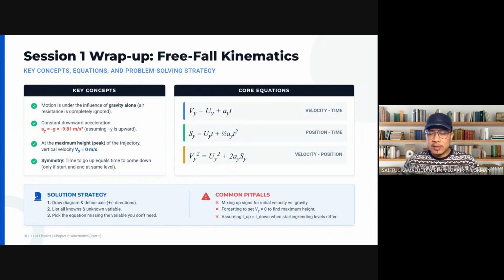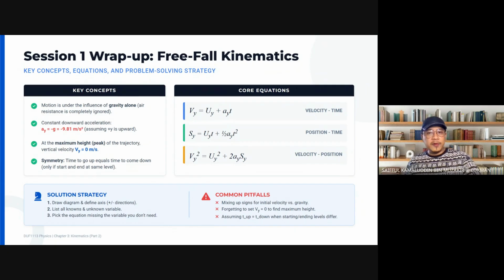So for my students, always use the addition formula. No negative. The negative one, later we will put inside the Ay. Yes, the Ay value is negative 9.81 meter per second square. We will put the negative sign later when we plug in the parameters given. By default, the formula will always be positive. You only put the negative sign if the value given is negative. That one comes later. Right.